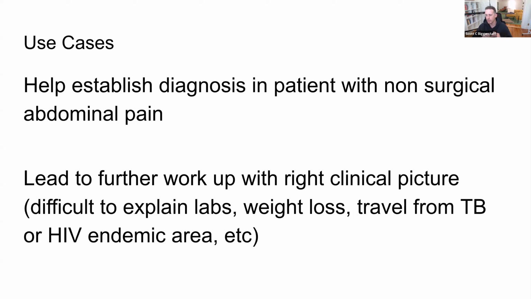Those are reasons I would want to look into that a little bit further potentially. But I think this could help to establish a diagnosis in a patient with a non-surgical abdomen who maybe comes in for observation and fluids because they haven't been eating and drinking well, and a lot of the history suggests it's a viral syndrome.